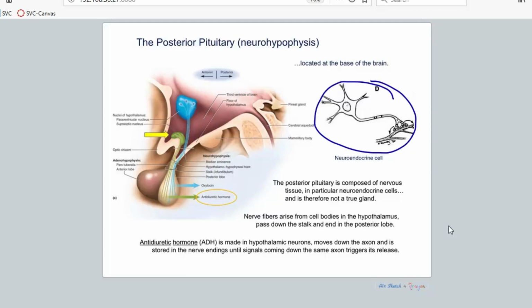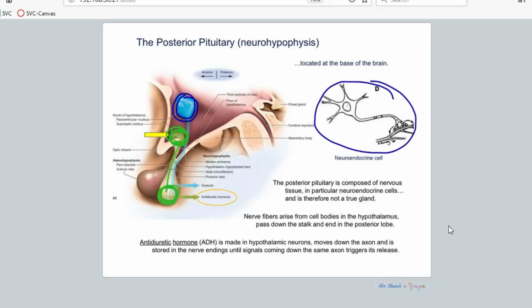And you have the cell body up here in the hypothalamus, and this is where, we'll use this guy, this is where anti-diuretic hormone is produced, up here in the cell bodies of these neurons. Then it travels down the axons, and it's stored down here in the axon terminals in the posterior pituitary.